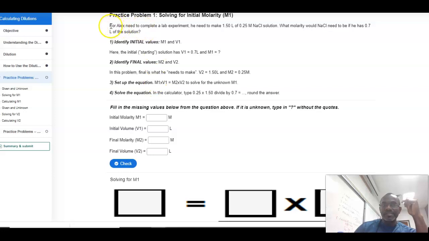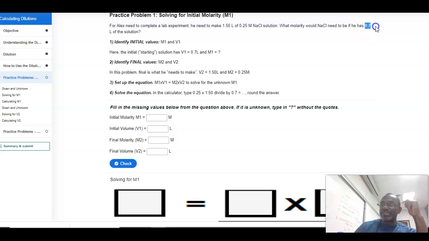So here it says Alex needs to complete a lab experiment. He needs to make 150 liters of 0.25 molar sodium chloride solution. What molarity would sodium chloride need to be if he has 0.7 liter of the solution?